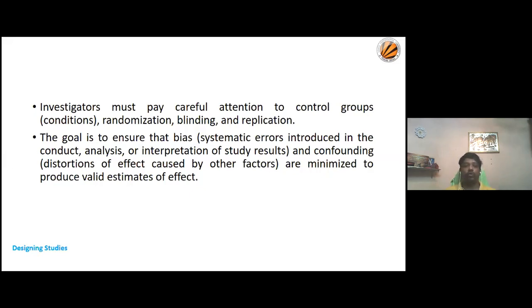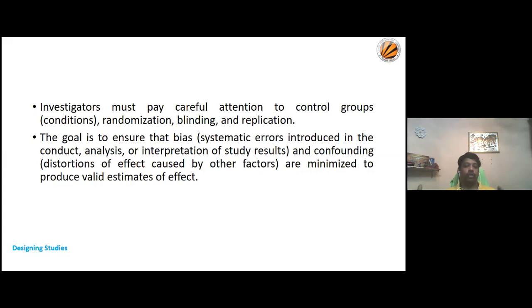Usually we do a case control study, comparing your experimental design with already published data. That adds sound value to your study. So you should have a control group which runs parallel to your experimental data.